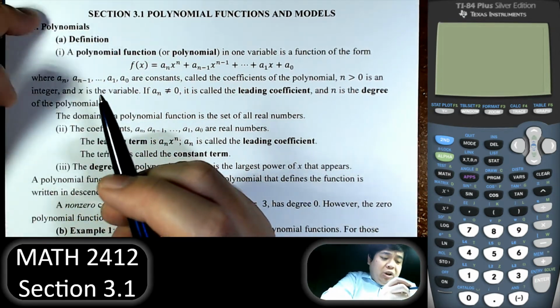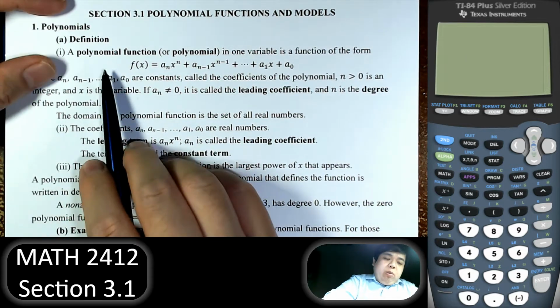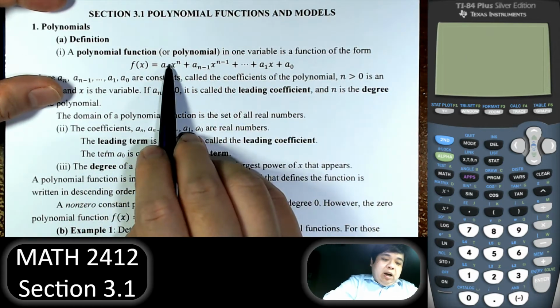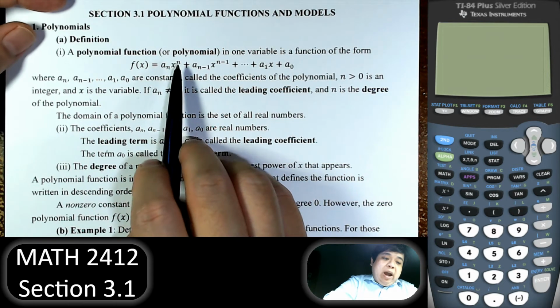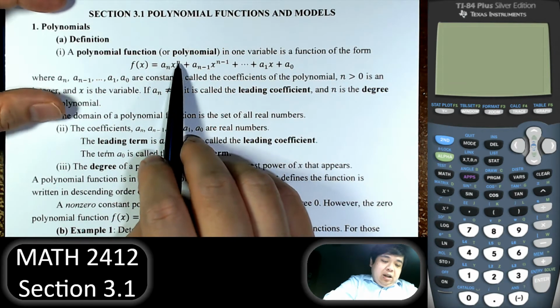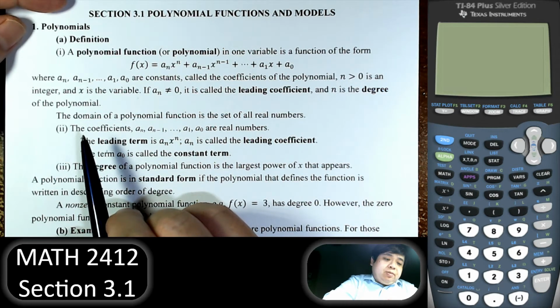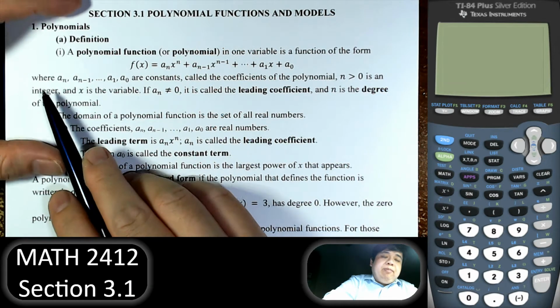First, we define a polynomial. A polynomial function is given in this form. We have x to the n power, where n is a natural number.